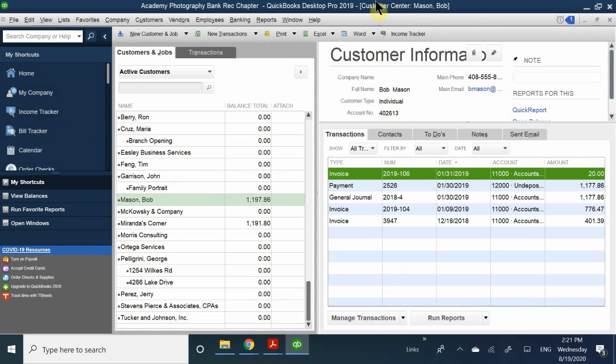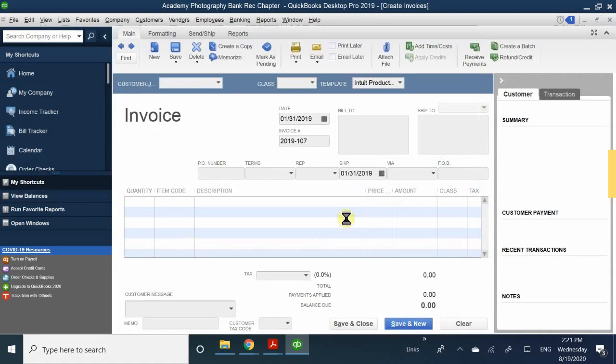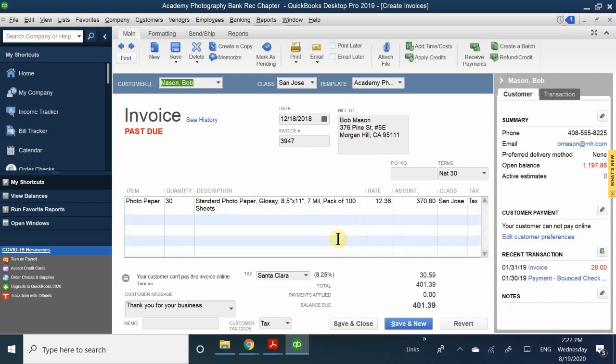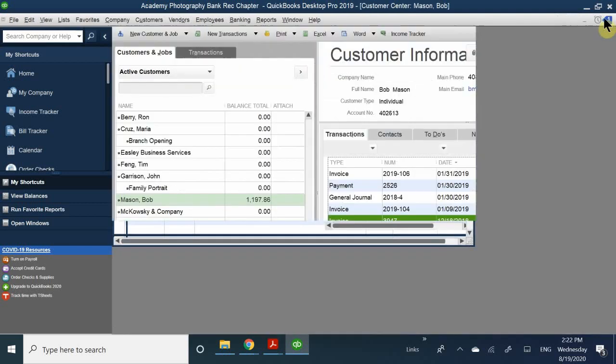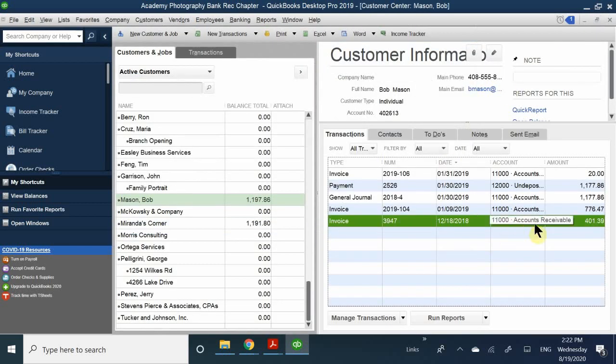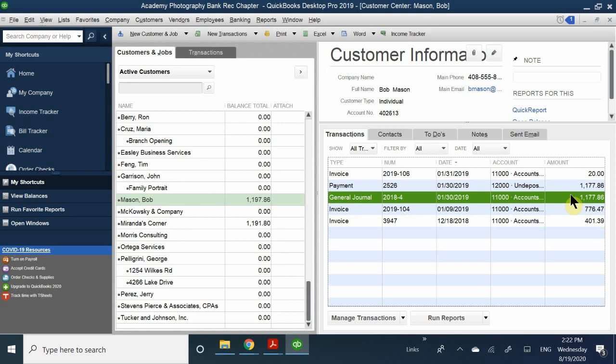Where's my mouse? That's the other one. This is for 401. I think it's this one. This one says general journal, okay?